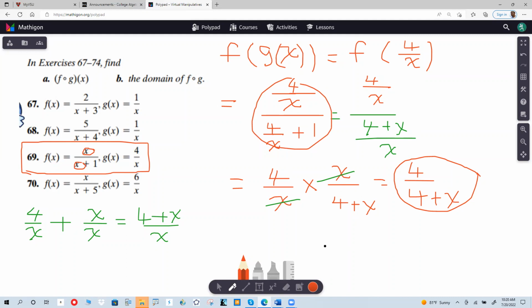Who's the bad guy? -4 is a bad guy because replacing x with -4 will make the denominator 0. So what's your domain? I'm going to take everything except for -4.